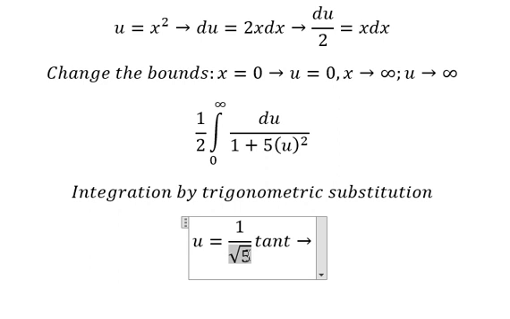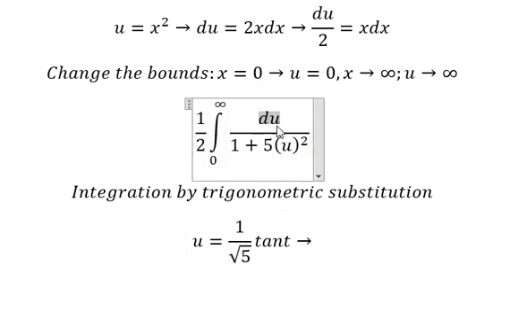The 5 and 5 cancel. 1 plus tan t squared is secant of t squared, and later we simplify by du.